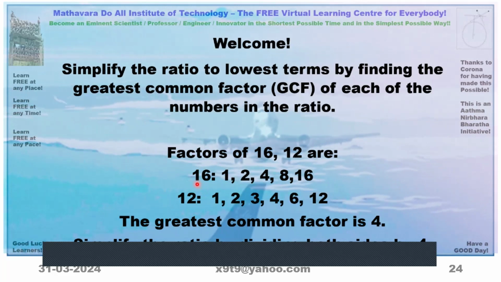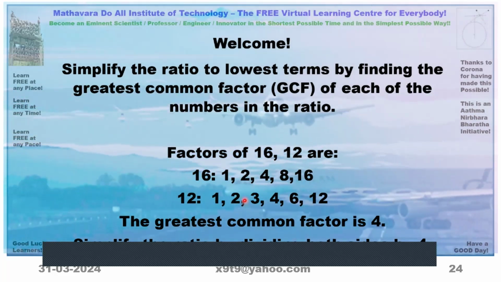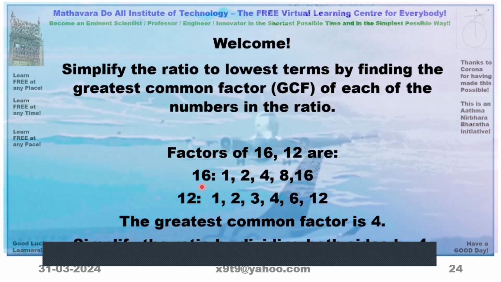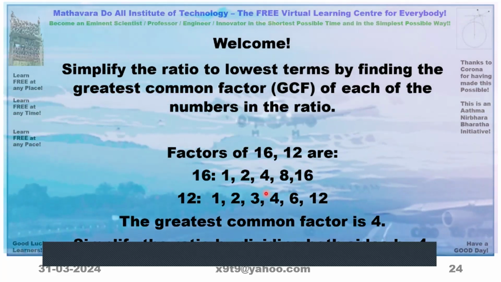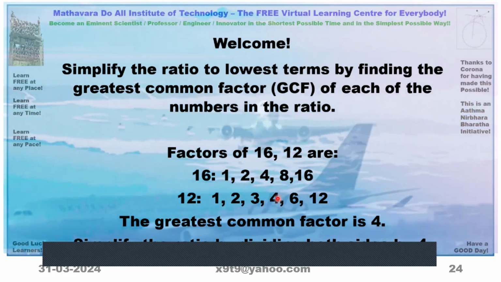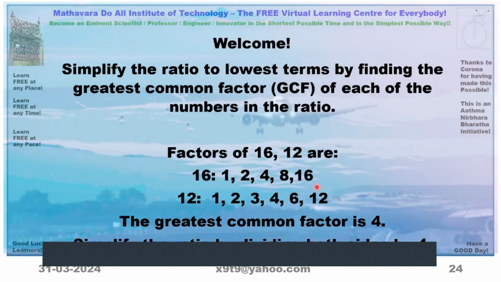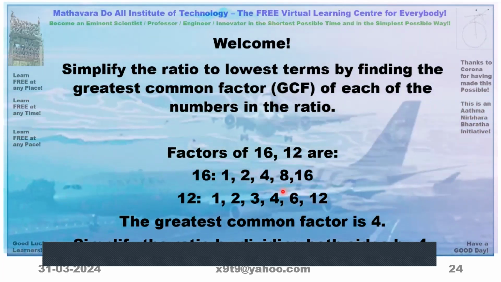Similarly, 12 we can divide by 1, we get 12. Divide by 2, we get 6. Divide by 3, you get 4. Divide by 4, you get 3. Divide by 6, you get 2. Divide by 12, you get 1.